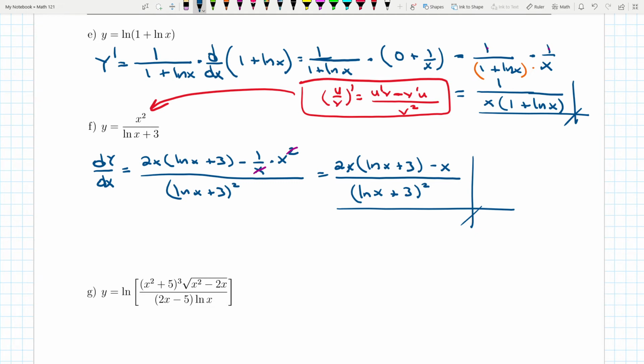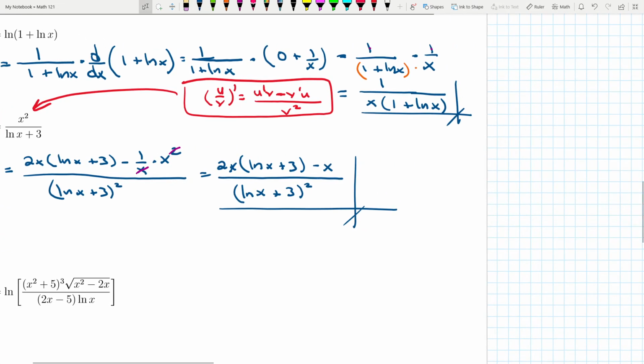However, I'm just going to do it on the side.